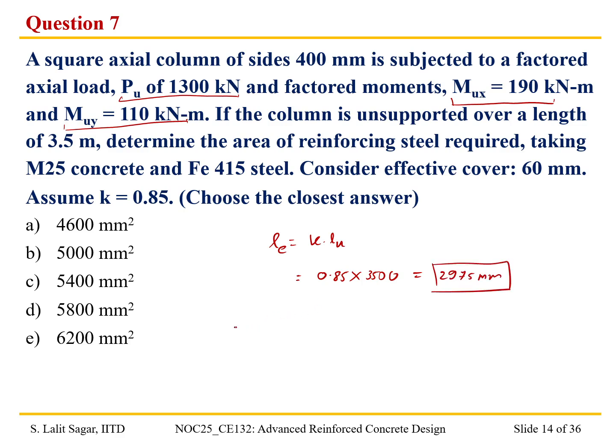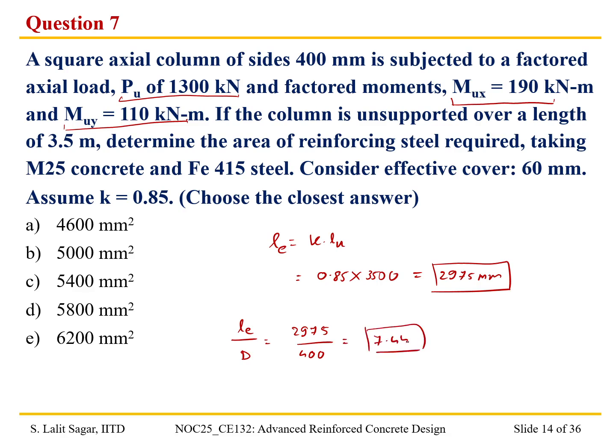Now LE by B is equal to 2975 divided by 400, which gives me a value of 7.44.